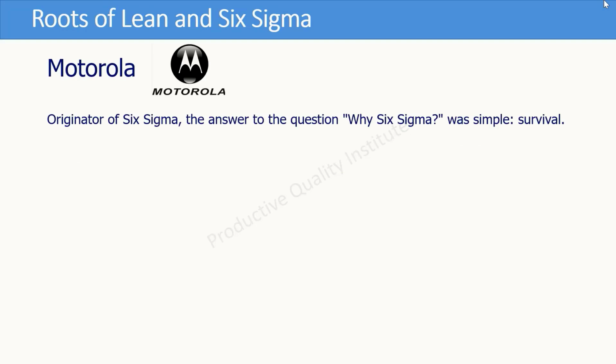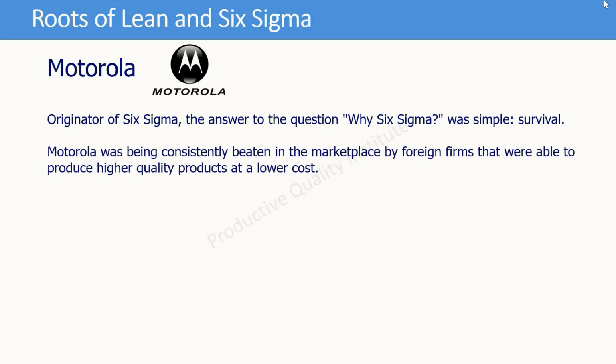Originator of Six Sigma. The answer to the question why Six Sigma was simple: survival. Motorola was being consistently beaten in the marketplace by foreign firms that were able to produce higher quality products at a lower cost.